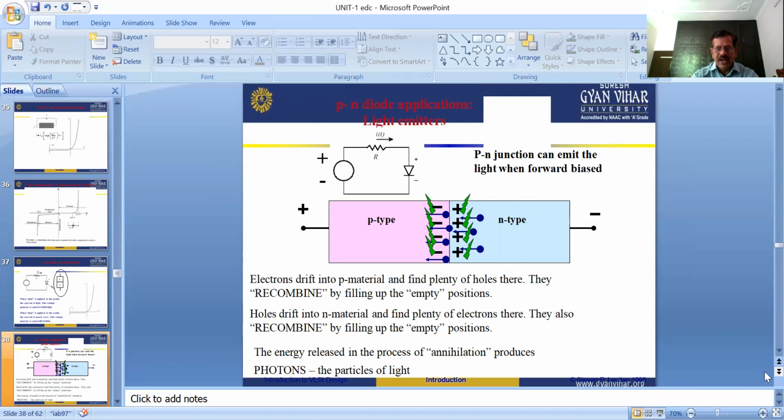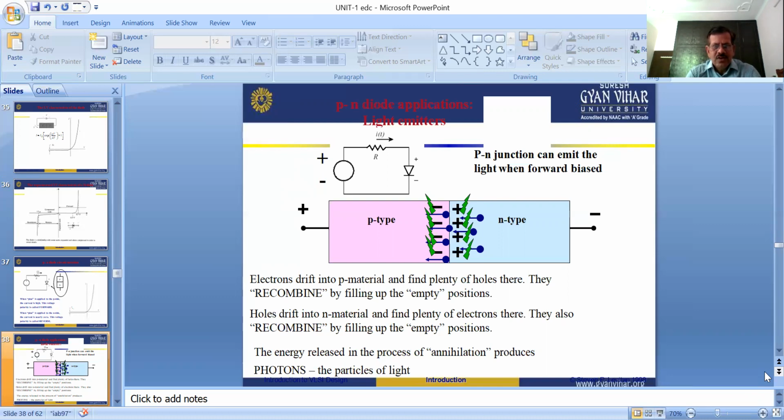When electrons and holes attract each other, energy is generated in the form of light, and this is the process in the light emitting diode. So this is the example of a simple PN junction as an LED, light emitting diode.